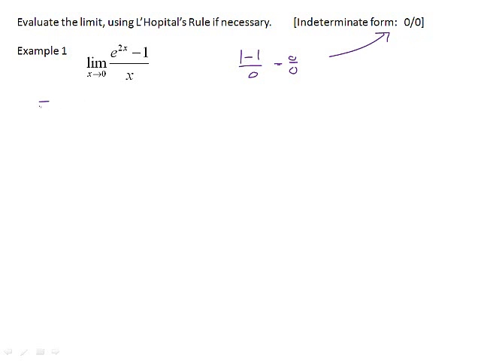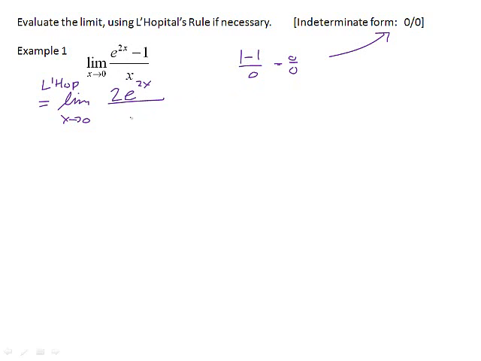So I'm going to do the limit. All I've got to do for Hopital is take the derivative of the top. I'm going to write Hopital right there, because I'm not always going to do it right at the beginning. What is the derivative of e to the 2x? 2e to the 2x.